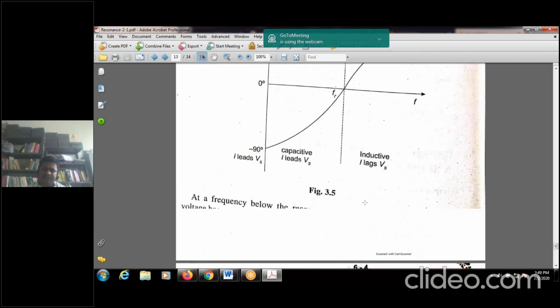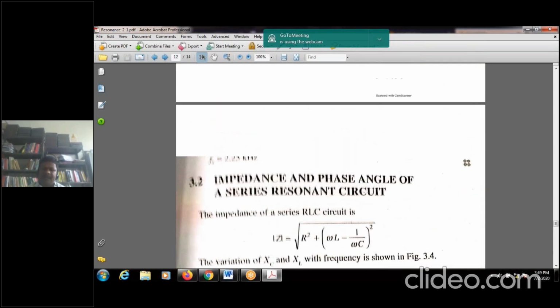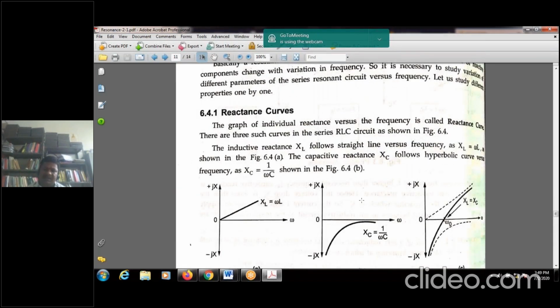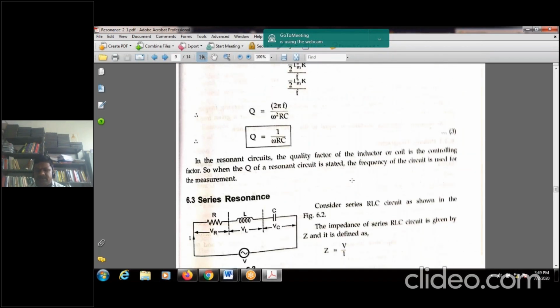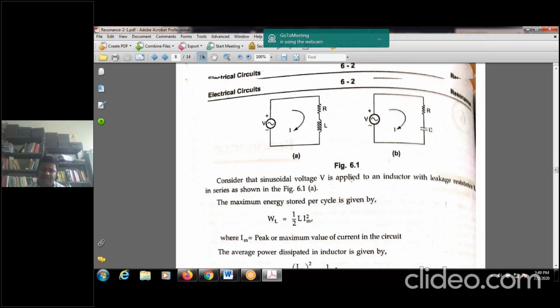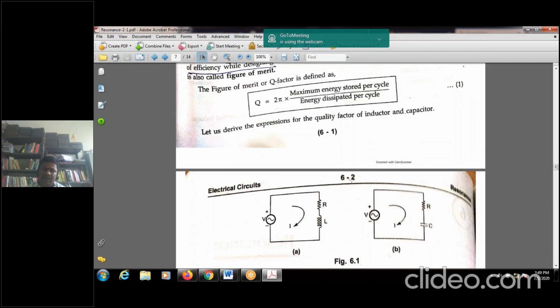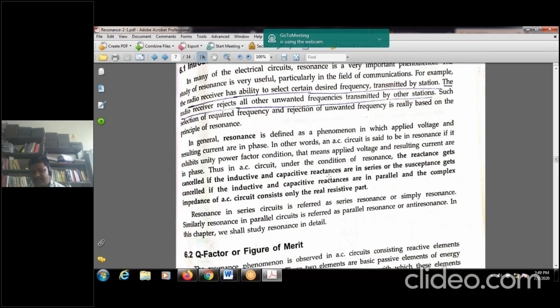This is the brief introduction about resonance. Once again, the resonance concept is applied to any branch of engineering, whether it is related to civil or mechanical. They also use resonance in their terminology. But from the electronics and electrical point of view, resonance is a phenomenon occurring in a circuit where capacitors and inductors are present.